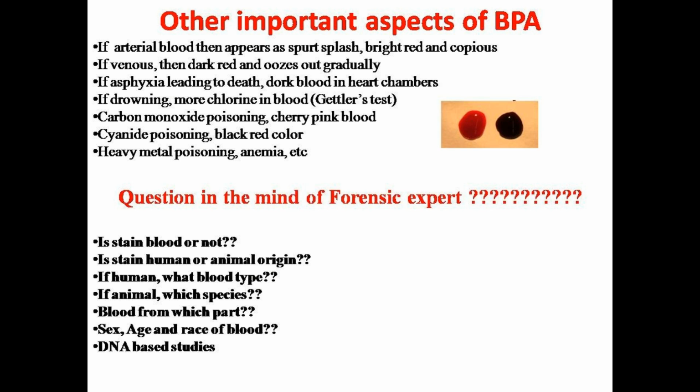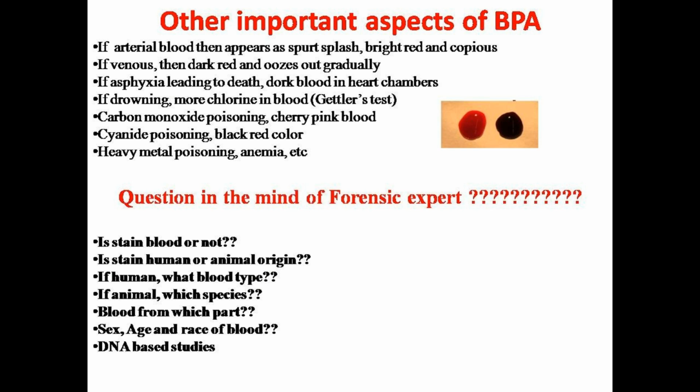Then there might be different types of death which can be detected by observing the blood in the body. If there is dark fluid blood present in the heart chamber, then the death may have occurred due to failure of the respiratory system, or the person has not done respiration properly, that is called asphyxia.